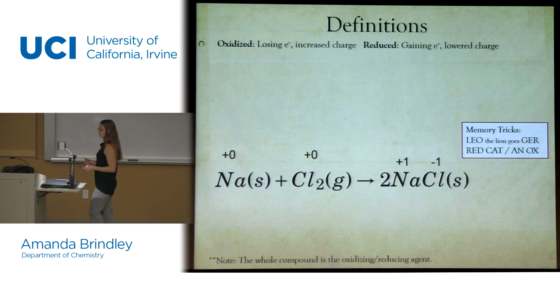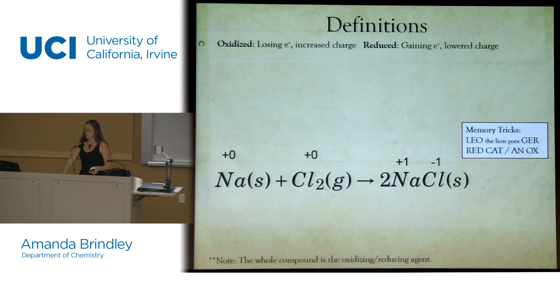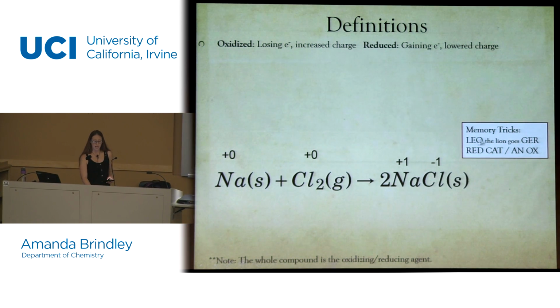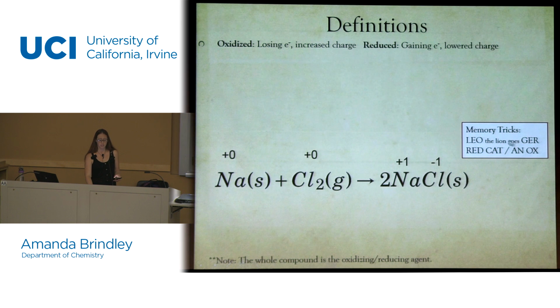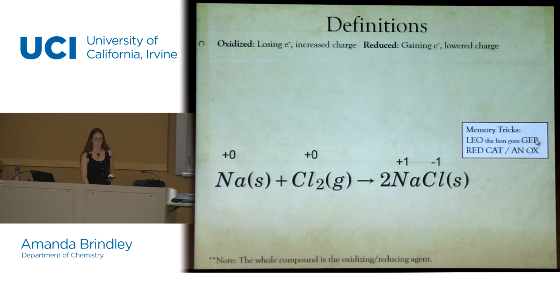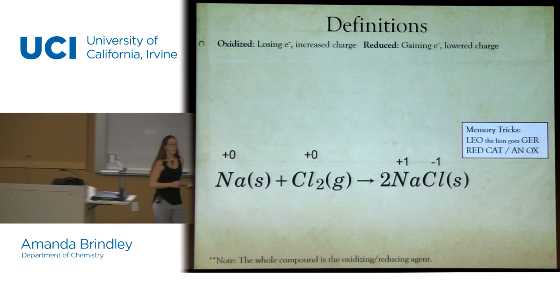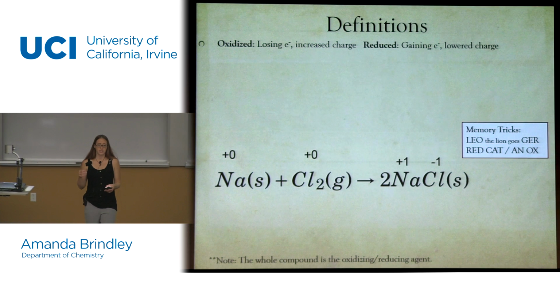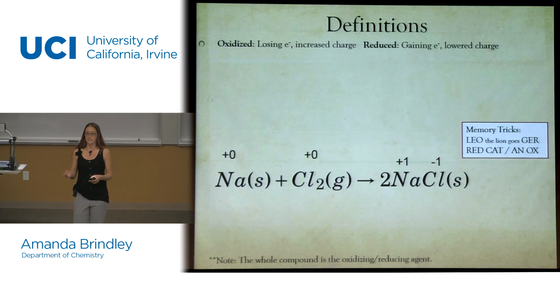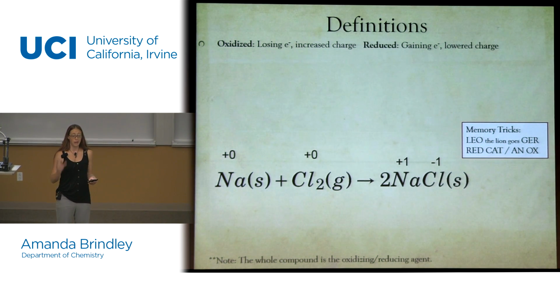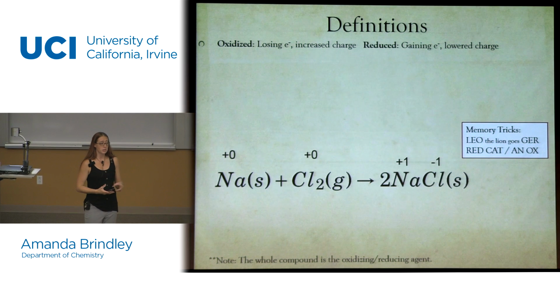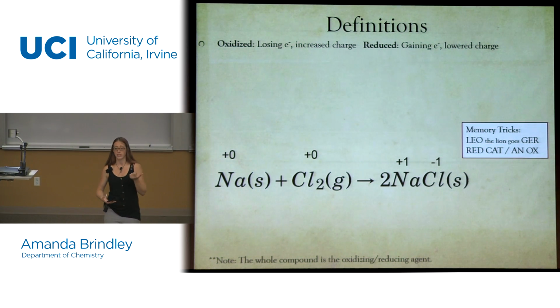Memory tricks for knowing this one. By far and away, the most common one is Leo the lion goes grr. Loss of electrons is oxidation. Gain of electrons is reduction. That one's fine as far as remembering which one is losing or gaining electrons. You also need to be able to recognize them though, so make sure you recognize them by which direction the charge is going.